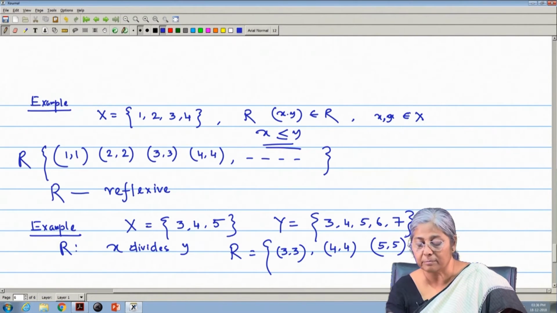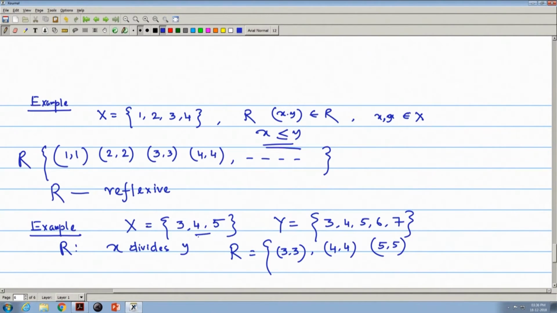Along with other elements like (3,6), only these will be there.